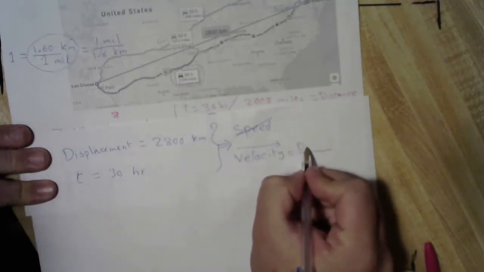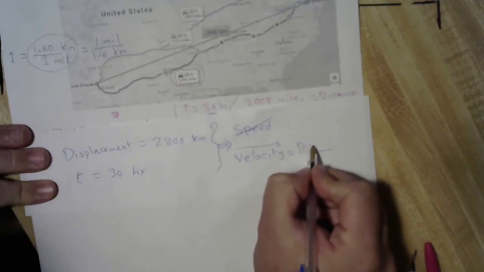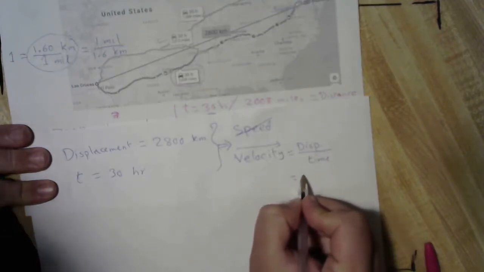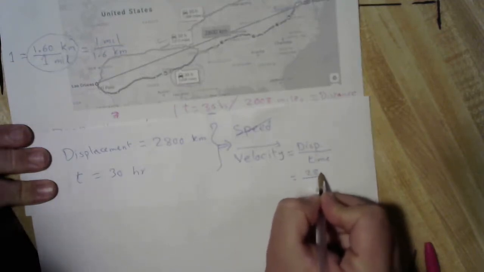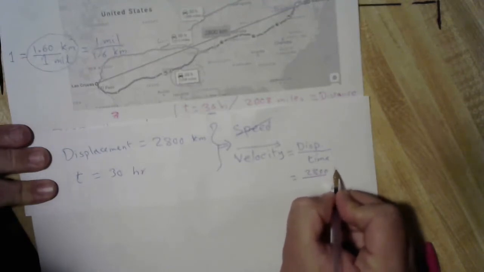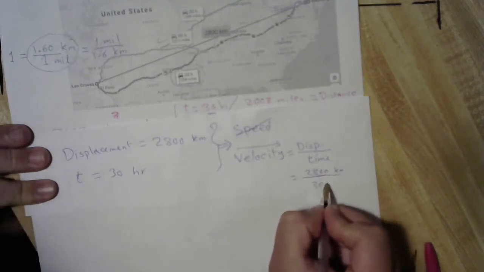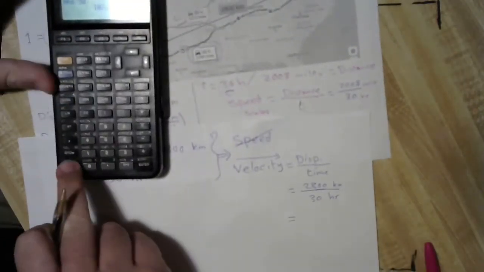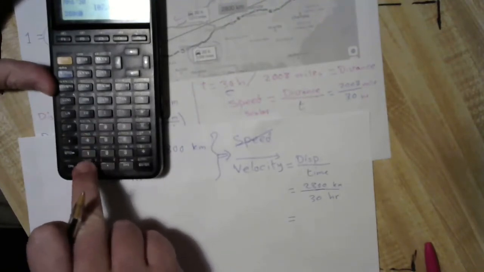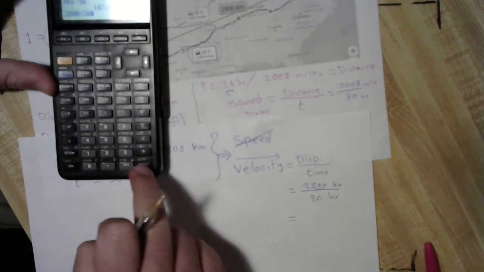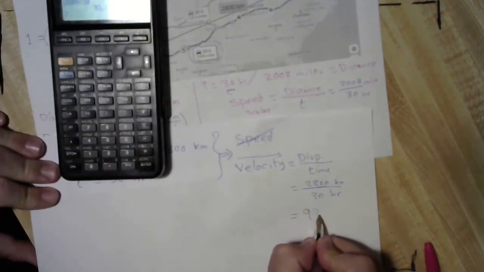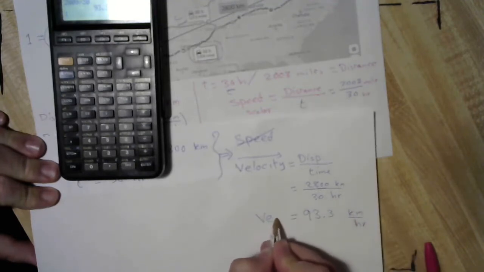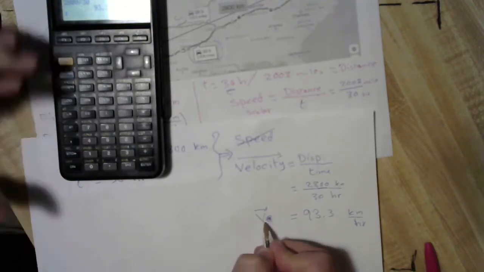The velocity is equal to the displacement divided by the time, which is equal to 2800 kilometers divided by 30 hours. This is the velocity, just v.